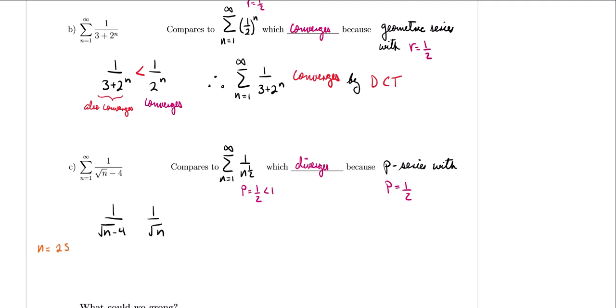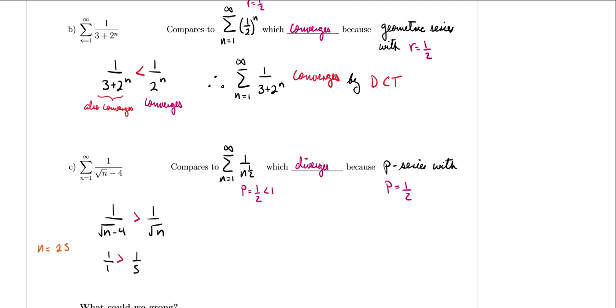If n is equal to 25, then I would have here 1 over the square root of 25, which is 5, minus 4 is 1. And on the other formula, we're going to have 1 over the square root of 25, which is 5. All right, so which one is bigger? Okay, so now we get to see here that 1 is bigger.